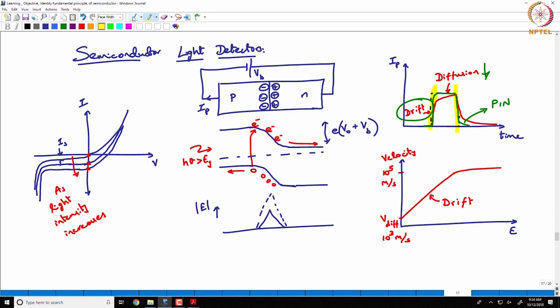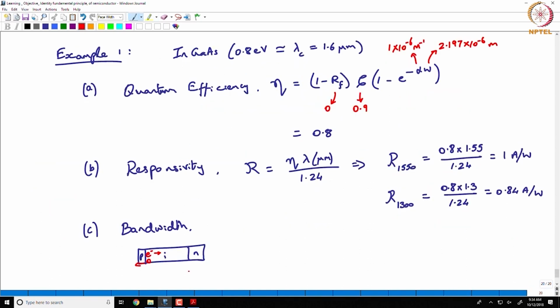So, coming back here, when we are talking about the bandwidth, we will have to look at the response time of your PN junction diode, and that response time is going to have a transit time component and a component that is given by tau RC, which is the RC time constant.